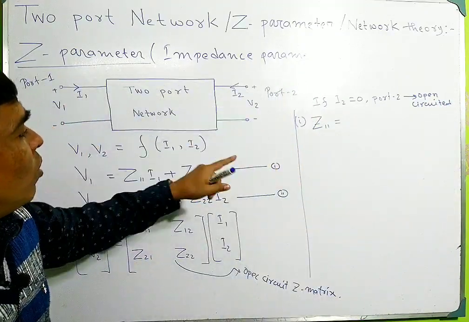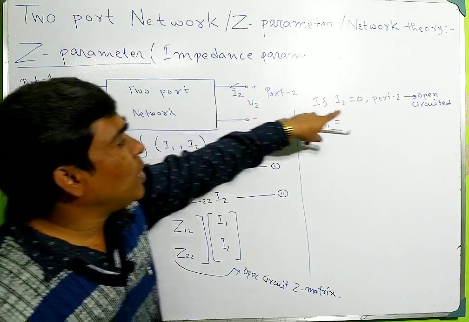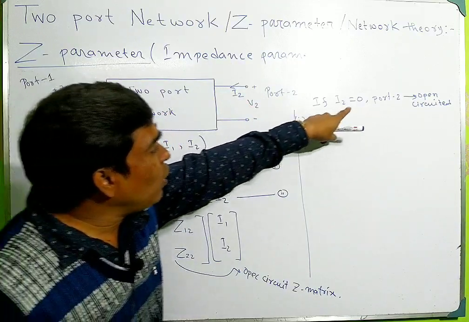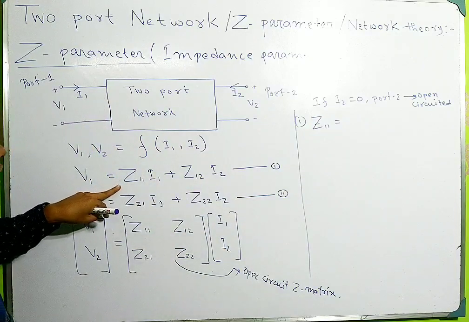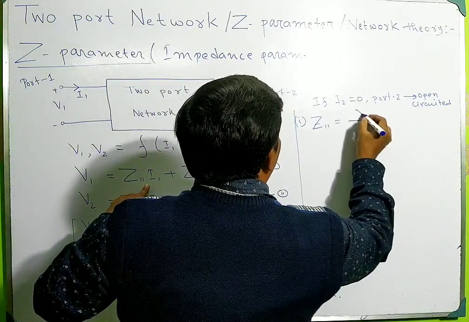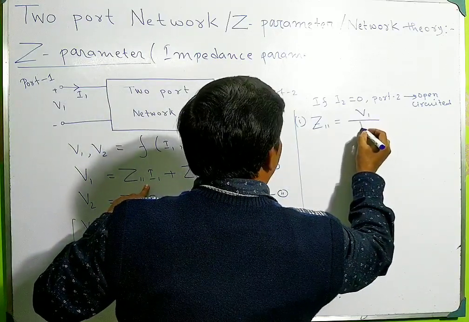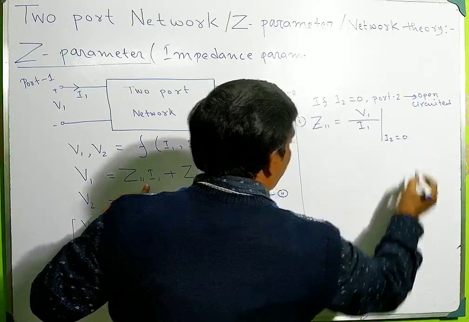If you open circuit this port 2, then I2 becomes 0. If I2 is 0, then from equation 1 we can write that Z11 is equal to V1 by I1 when I2 equals to 0.